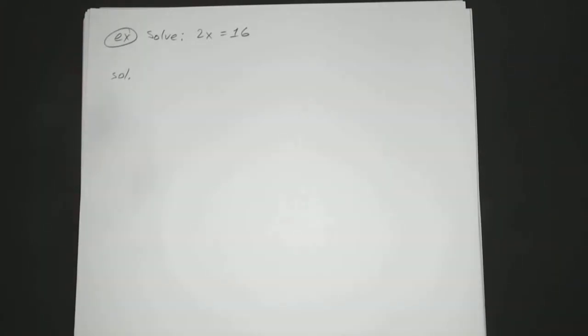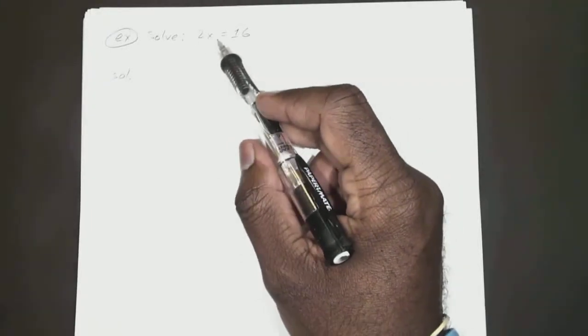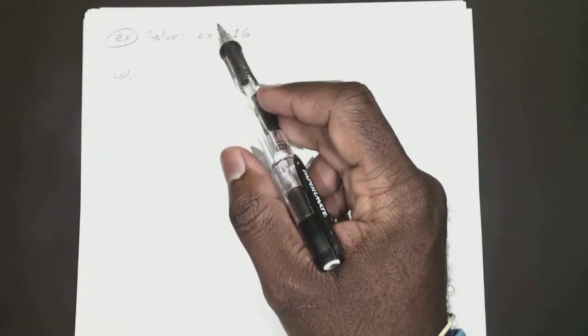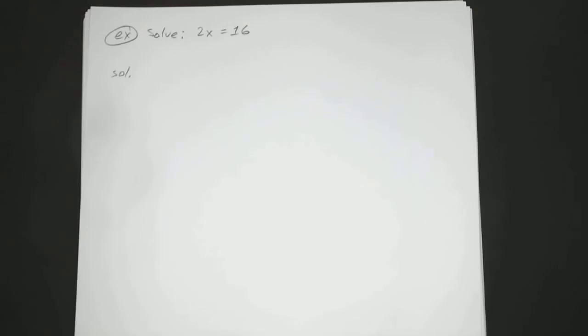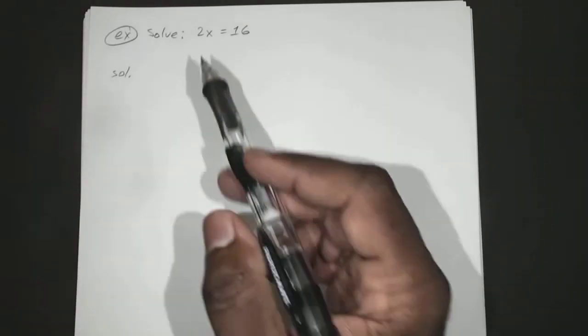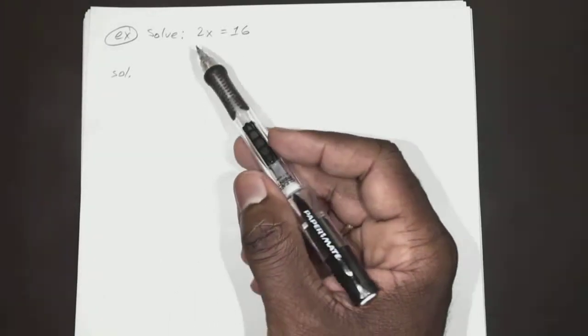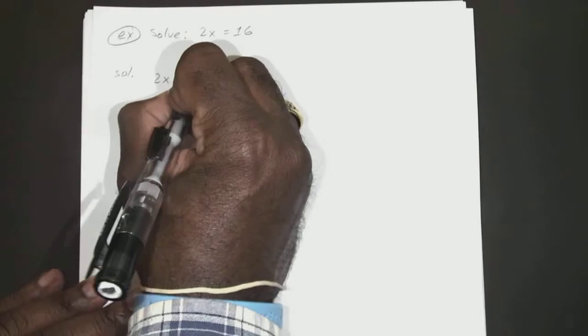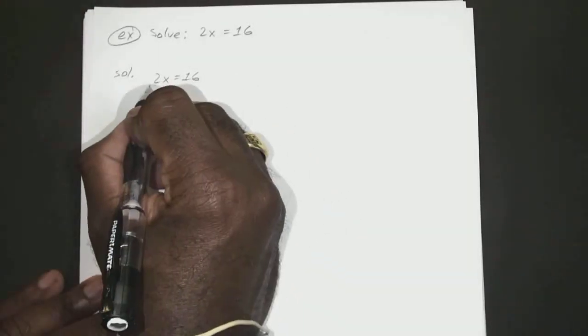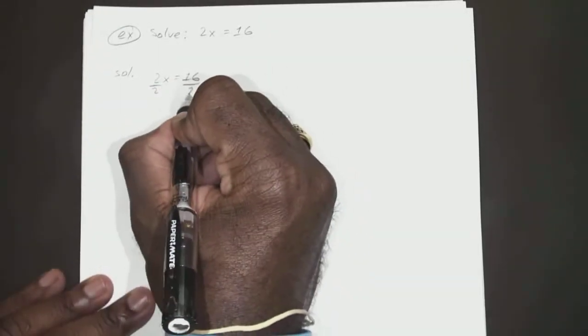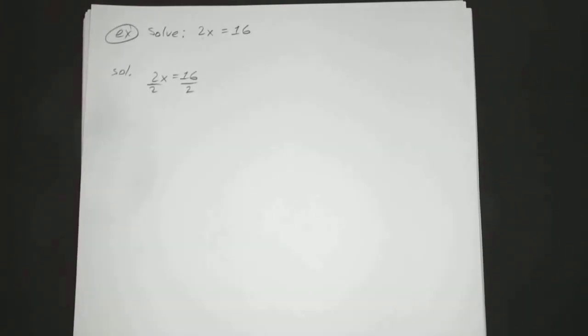You have to do the opposite. Here, same thing. This is 2 times x, so you have to do the opposite to get rid of the 2, which means you have to divide both sides by 2. Whatever number's in front of that variable, that's what you're going to divide both sides by. So 2x equals 16. Divide this side by 2 and this side by 2.